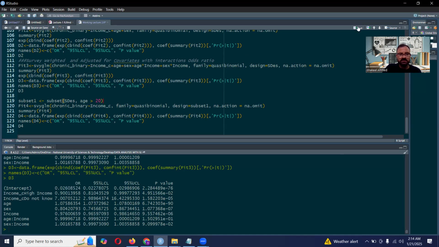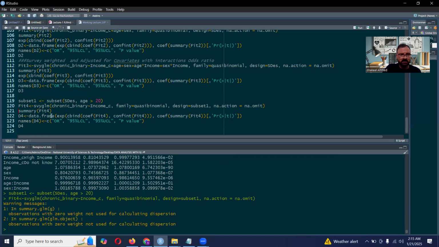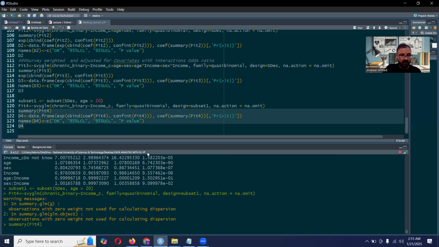So you can run, and we again fit a model with income only, but for the subpopulation. Now you can see how income is affecting chronic condition.